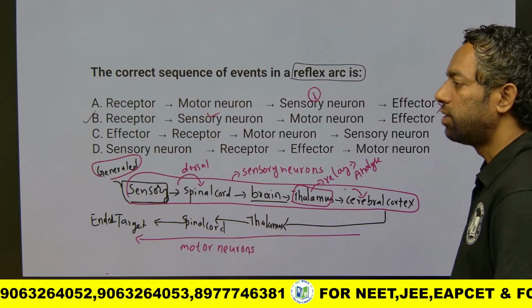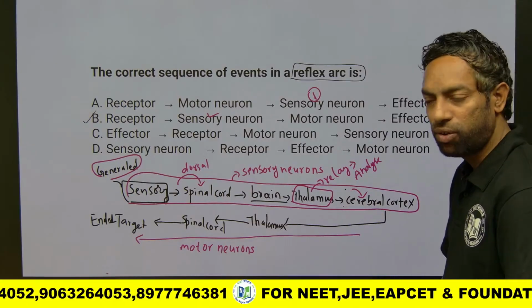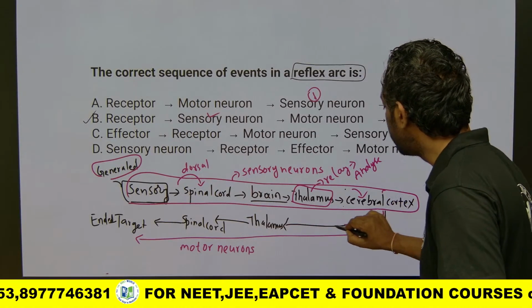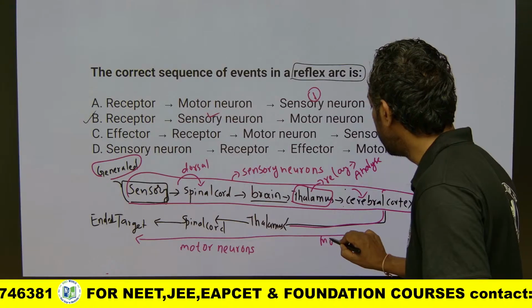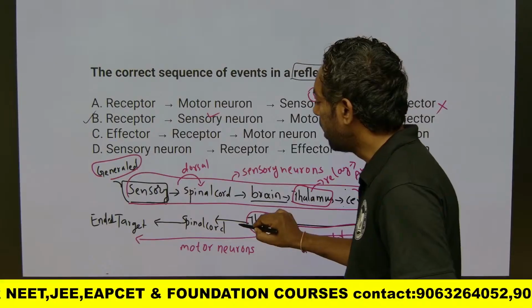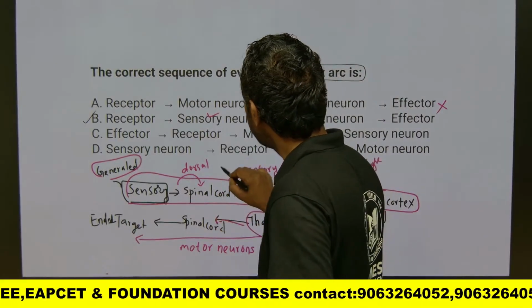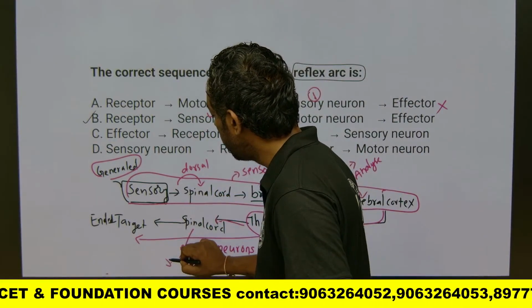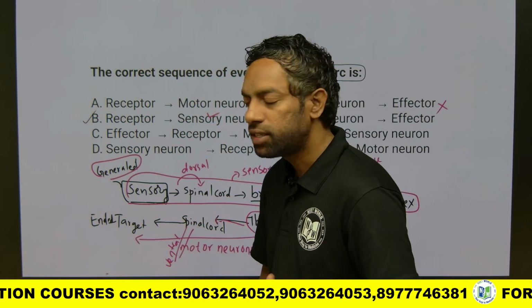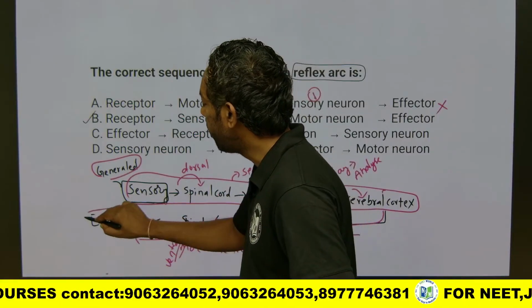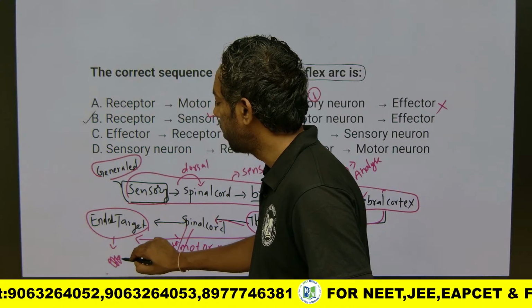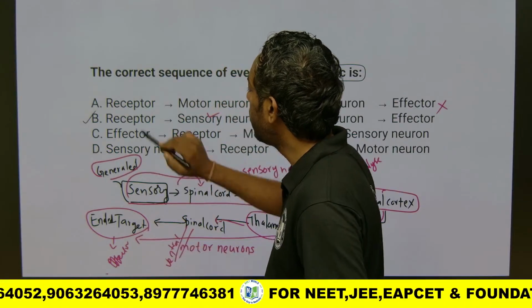This cerebral cortex reverses the signal as motor neuron into the thalamus, analyzes again, and sends the signals to the ventral side of the spinal cord, the motor neurons, which finally reach the effector, the target.